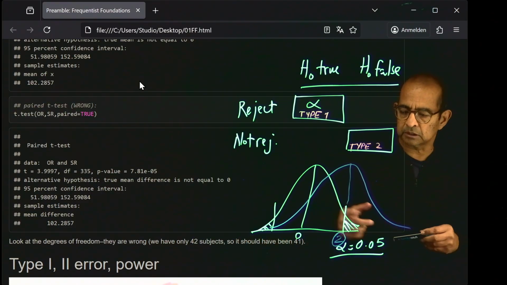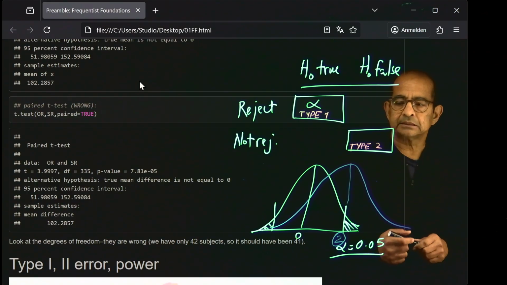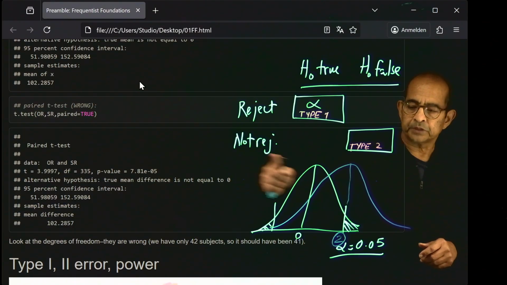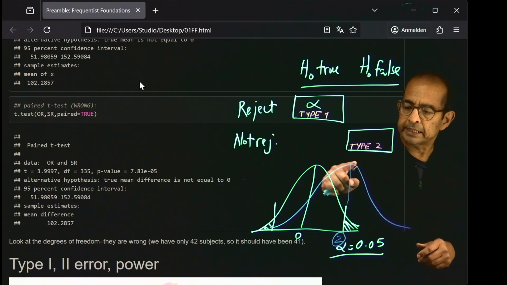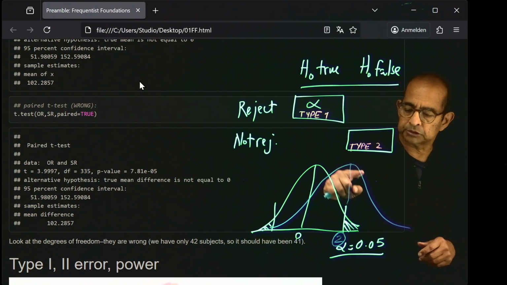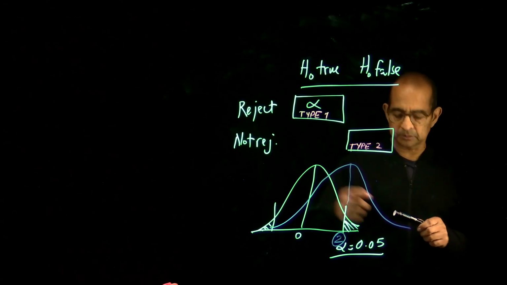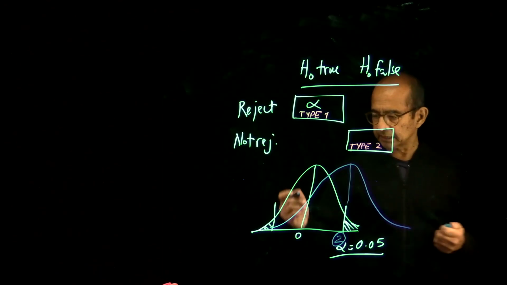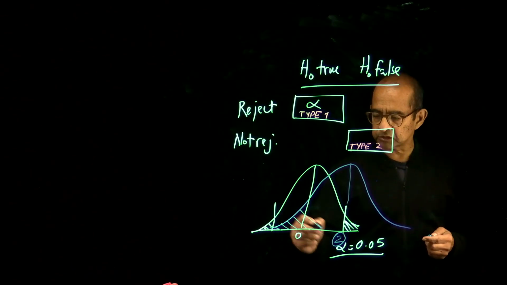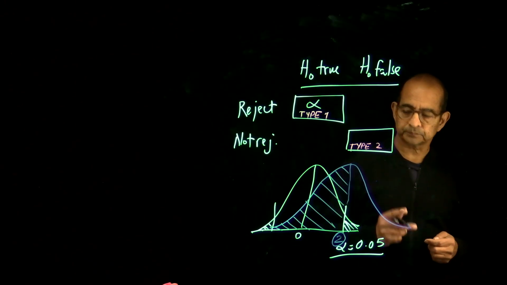So now the question one can ask is, what is the probability of not rejecting the null when we are talking about this distribution? The probability of not rejecting the null when we are talking about the blue distribution is the area of the curve in the non-rejection region, which was defined with reference to the null distribution.